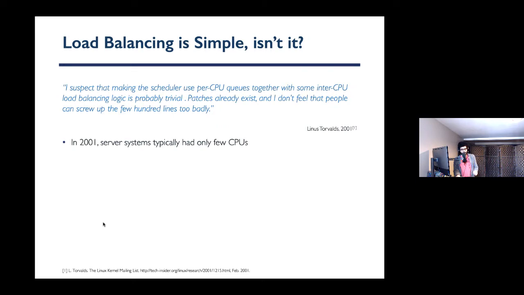This was actually good common sense back in 2001, because even if you had a multiprocessor at that time, it had at most 2 or at most 4 CPUs. That was the highest number of CPUs, like a quad-core CPU probably at that time. And for those systems, it's probably not that hard to do load balancing. You only have 4 cores.